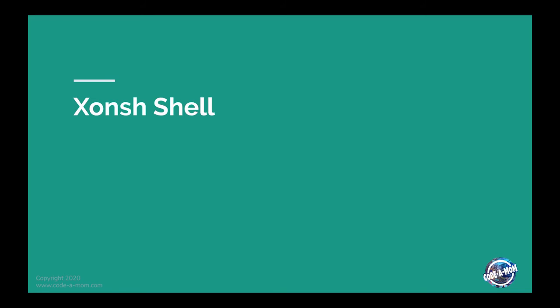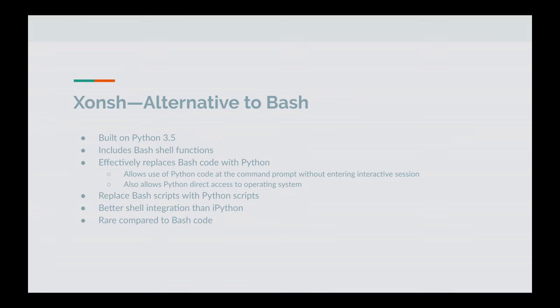So moving on a little bit, I want to talk about the Conch shell. Conch is an alternative to the Bash shell. And like a lot of stuff in the open source world, it's a play on words. The X is actually the Greek character chi, and so that's why it's pronounced Conch. Conch is actually a Python shell for Linux.